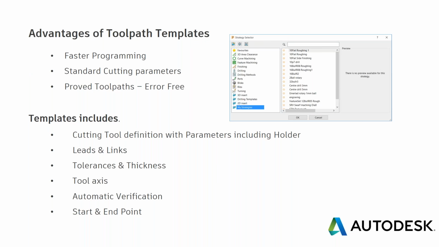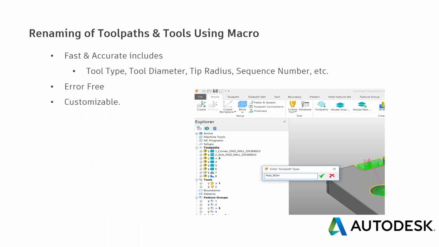Finally, we move into renaming of toolpaths and tools using a macro. Many users requested this particular macro to be shown in this webinar because programmers make mistakes while naming or renaming the toolpath. This macro includes the sequence number, type of operation, type of cutter, and tool diameter, including tip radius.